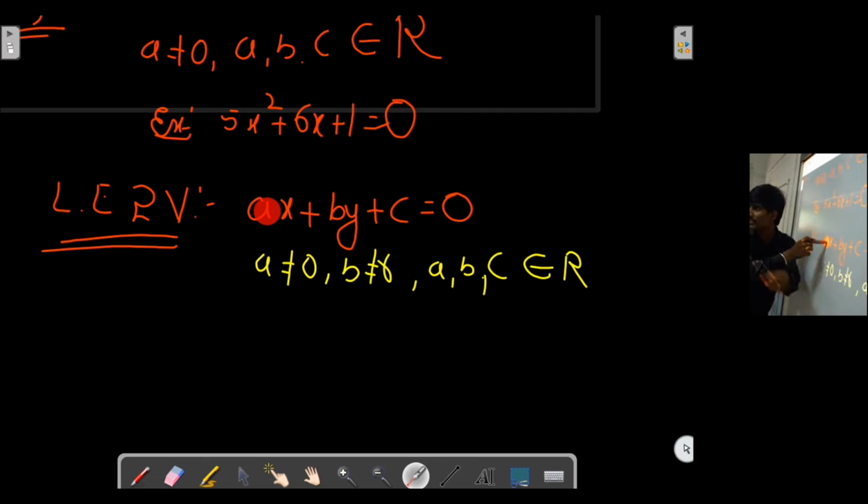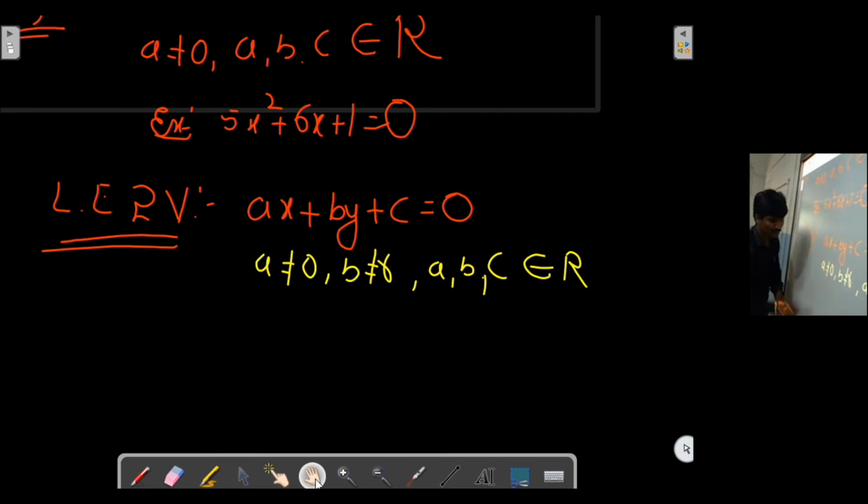Only by + c, which means only one variable. So therefore it is a linear equation in one variable. So for a linear equation in two variables we need how many variables? Two variables. Clear? So this is the standard form.